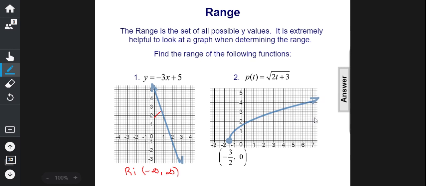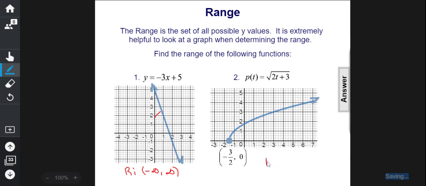And once you have your domain, you can get some sense of the range, but it's limited. So I would recommend you graph it. If you have a good software program, you can hover over this and get that point. We see that negative 3/2, 0 is your leftmost point, and we can include that. And then on the right, it goes up indefinitely.